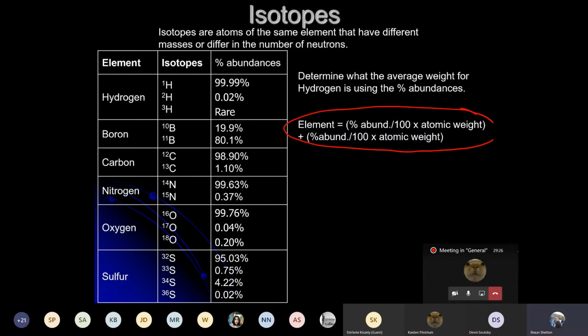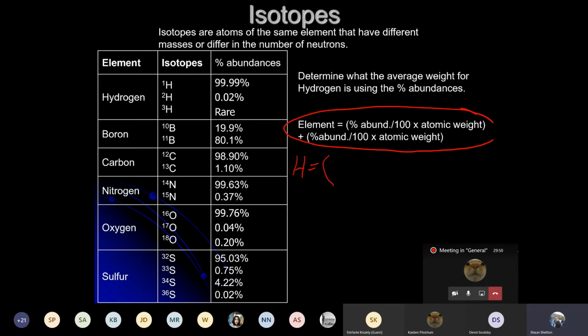All right, so how do we use this? I'm just going to write it out first. Looking at hydrogen, you have 3 isotopes. The third isotope doesn't matter, so we don't even need to worry about including it in the calculation. The way we go about doing this calculation is you use the percent abundance.